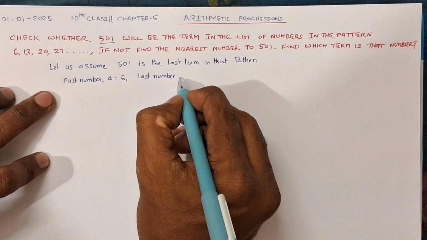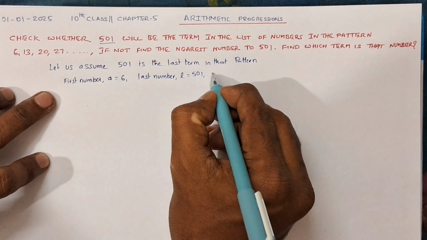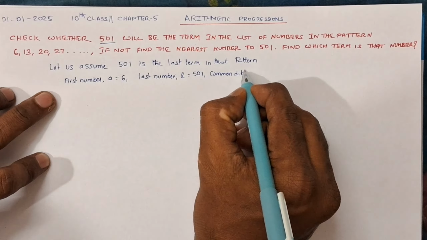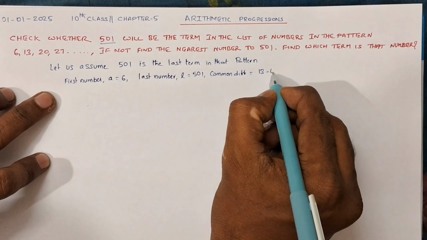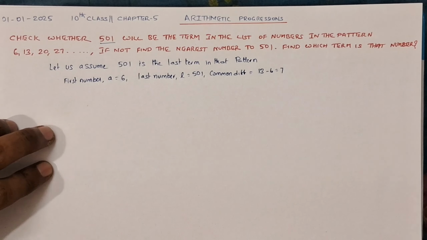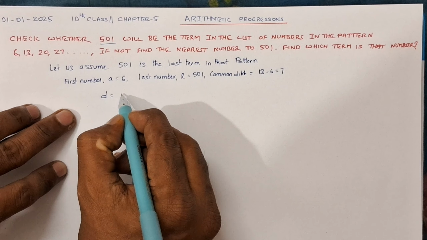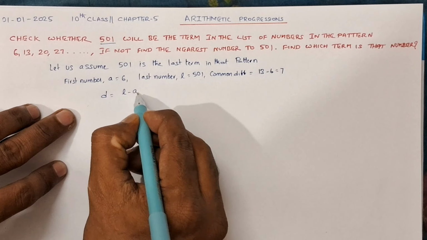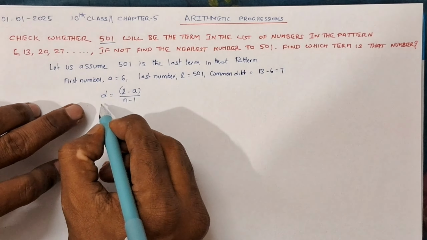Last number L is equal to 501. Common difference is equal to 13 minus 6, that is equal to 7. Common difference is equal to last term minus first term divided by n minus 1.